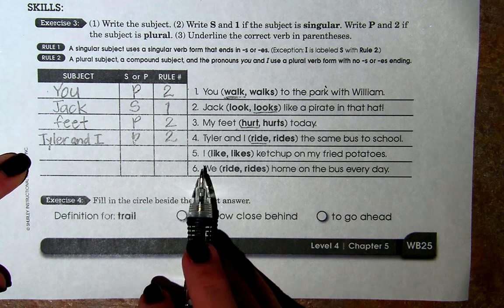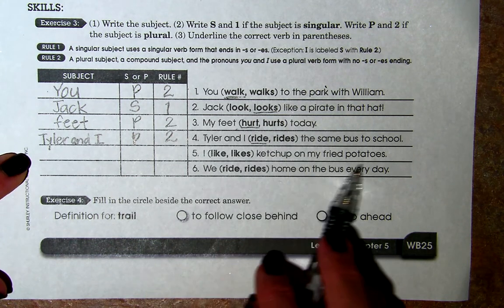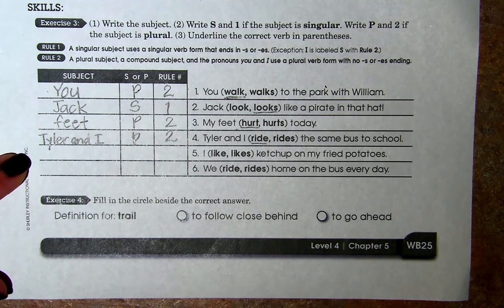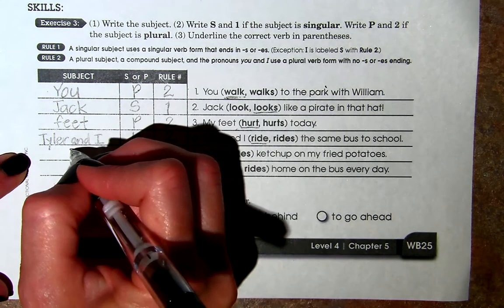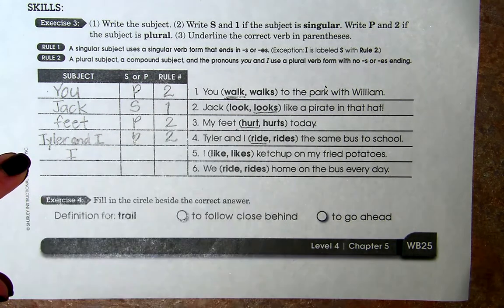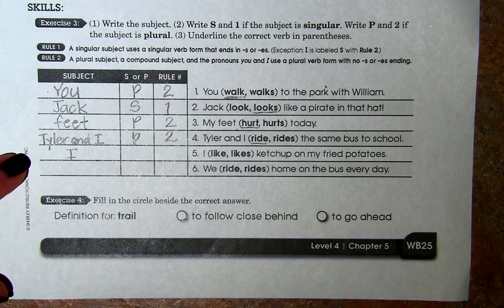I like or likes ketchup on my fried potatoes. The subject in this sentence is I. It's a subject pronoun. Is I singular or plural? Well, it's singular, but it's labeled S, but it follows rule 2. It is an exception, okay?